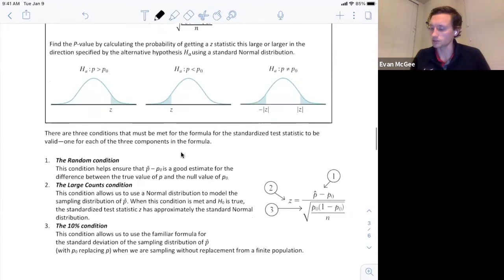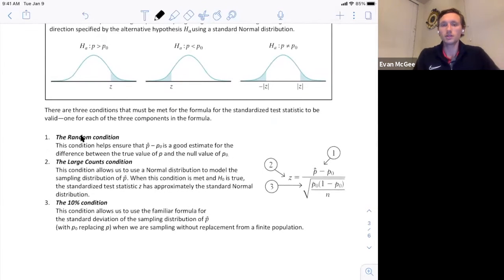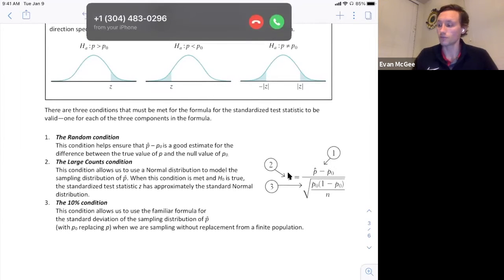The three conditions are important because the random condition has to ensure that our p-hat is trustworthy. The large counts condition has to ensure that the sampling distribution of p-hat is approximately normal, which allows us to assume the z distribution is true for this distribution.